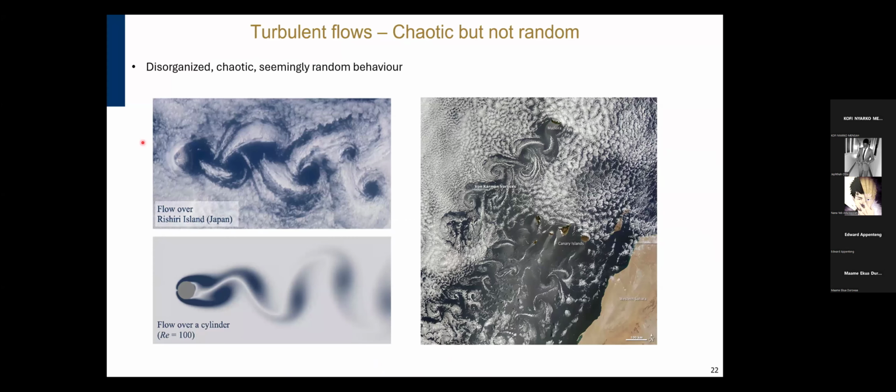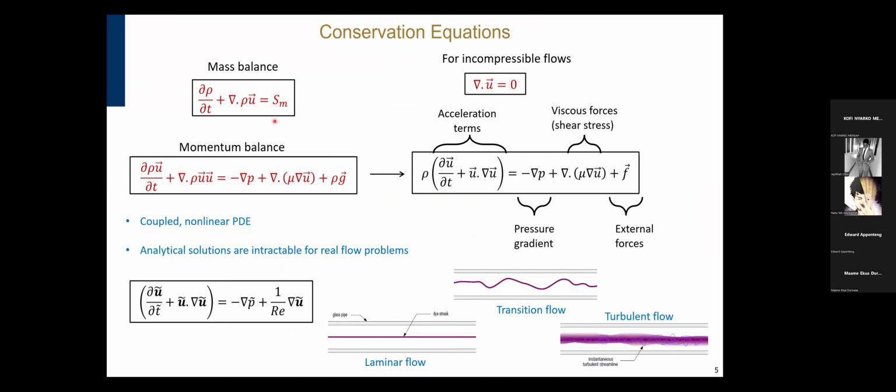That source term is your mass source, S_M. So if you have a chemical reaction, then your S_M will be your reaction rate. So you have those reactions being incorporated into the balance equations.